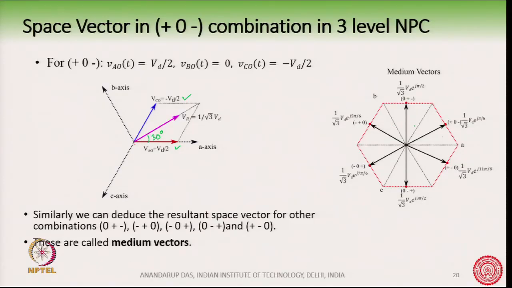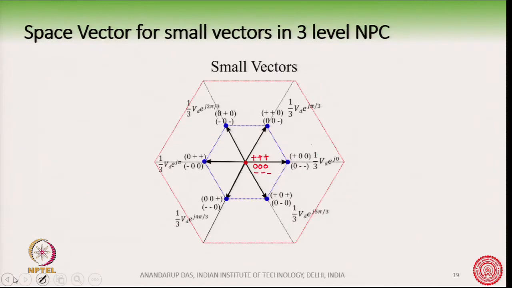The inner hexagon is somewhere here, not shown. So, I will just draw a dotted line here. The inner hexagon is half the size of the outer hexagon, but the inner hexagon is what we have already covered.